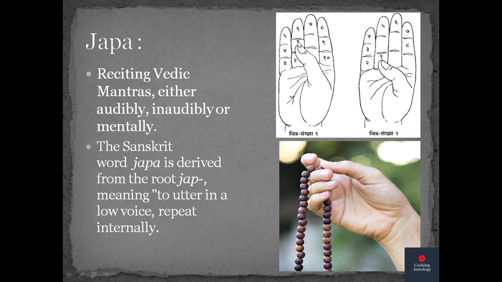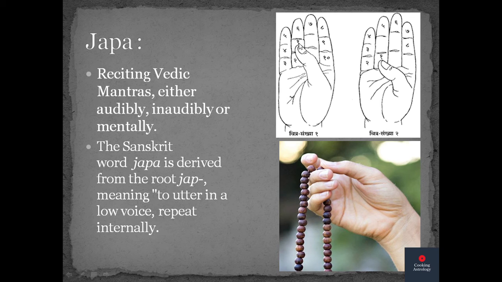Then in your hand, look into this. This is number 1 written over there. And in any mala, there are 108 beads. By reciting any mantra 108 times, you have completed one complete circle. But if you don't have a mala, you can do the Karmala. In the Karmala, you put your thumb over here.